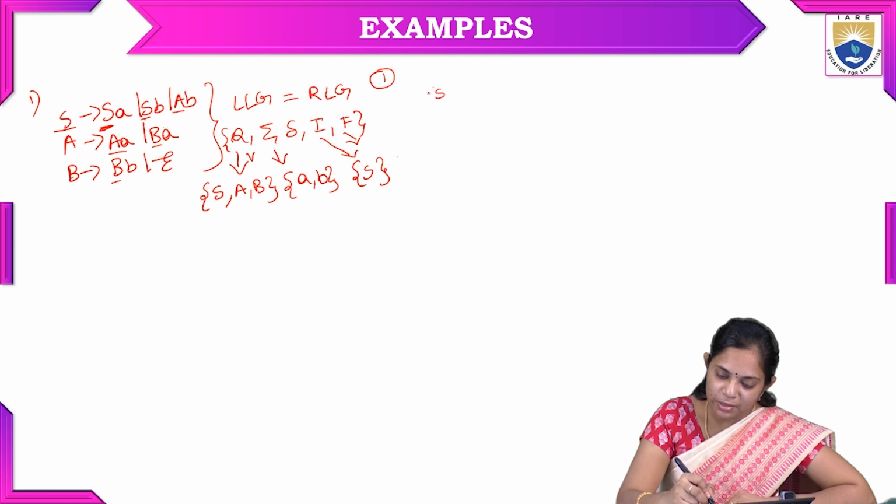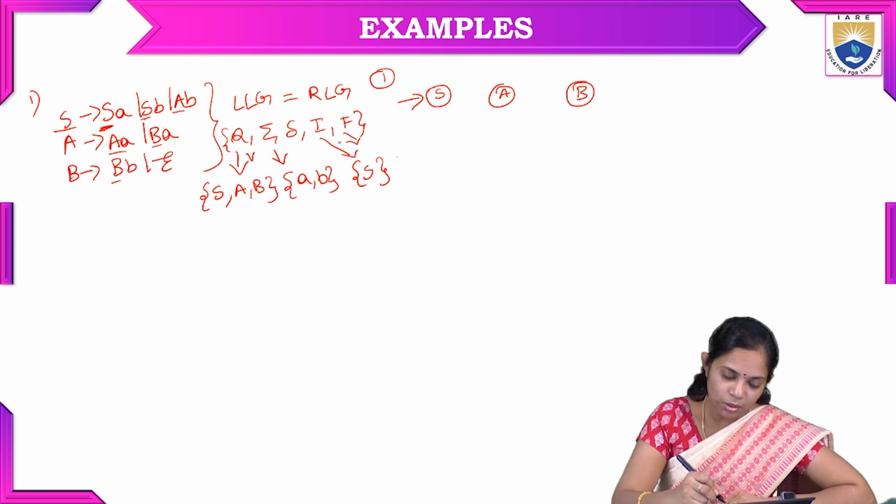So first step is S and A comma B. So here we will write from S tends to SA.